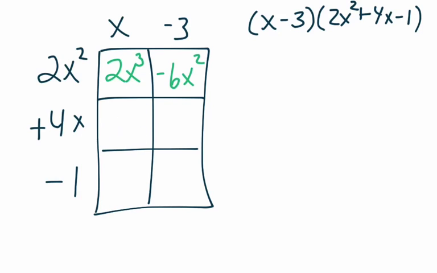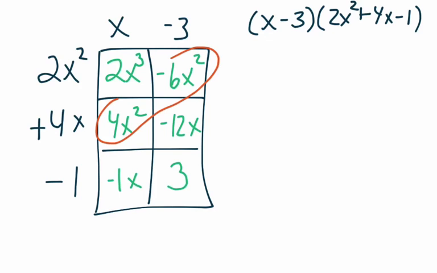4x times x is 4x squared. 4x times negative 3 is negative 12x. x times negative 1 is negative 1x. And negative 1 times negative 3 is positive 3. And then once again, you'll see that your like terms are on those diagonals.